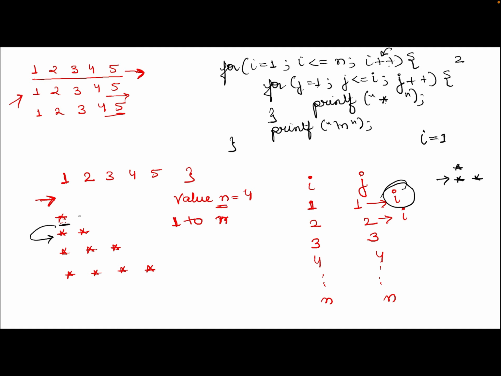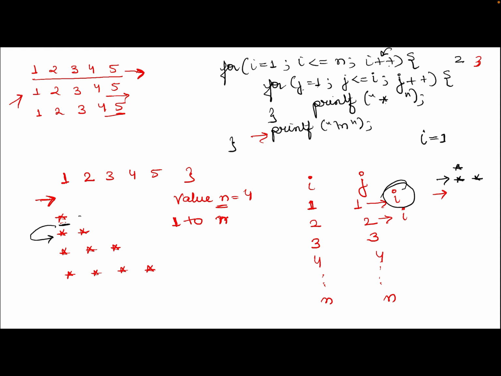Again the value of j will be increased by 1, so the value of j will become 3, 3 less than or equal to 2, condition is false, it will print \n. So control will come here. Okay, and in this way we will print the number of rows in a triangular pattern.